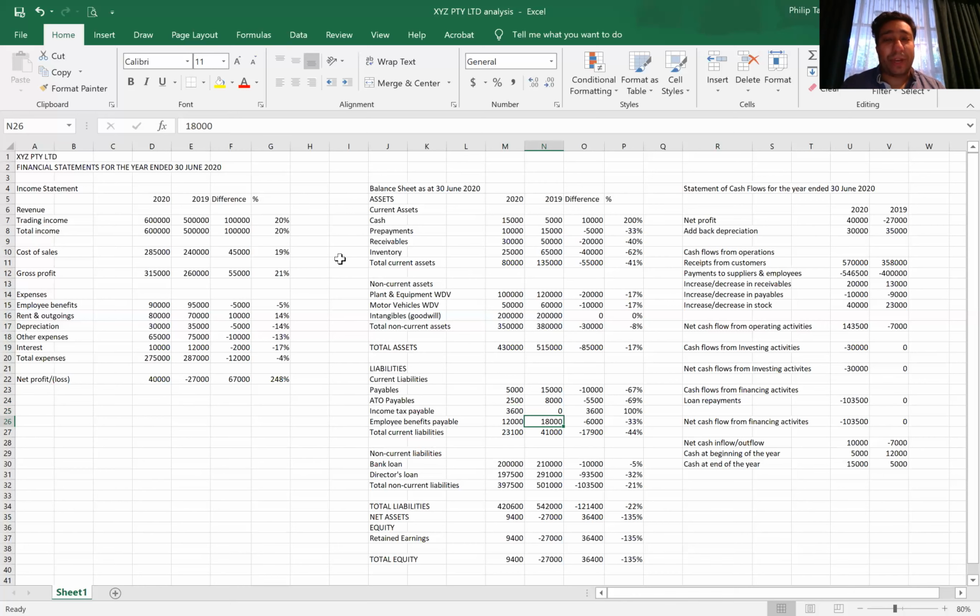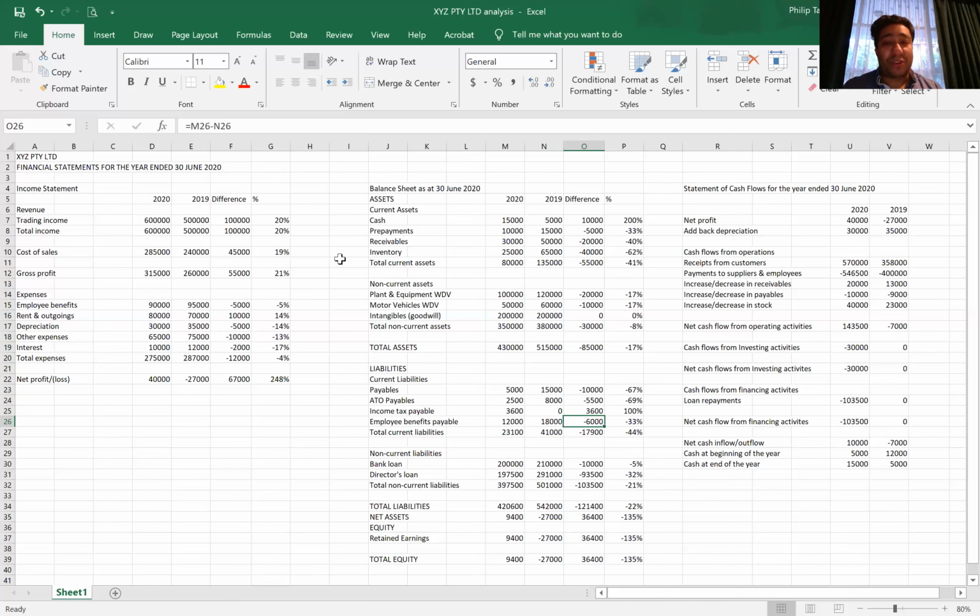Employee benefits in 2019, it was $18,000. Now it's $12,000, so it's reduced by $6,000. Now that basically may mean that employee benefits have been used throughout the particular period by way of paying out employees' annual leave, or long service leave, or superannuation payments.